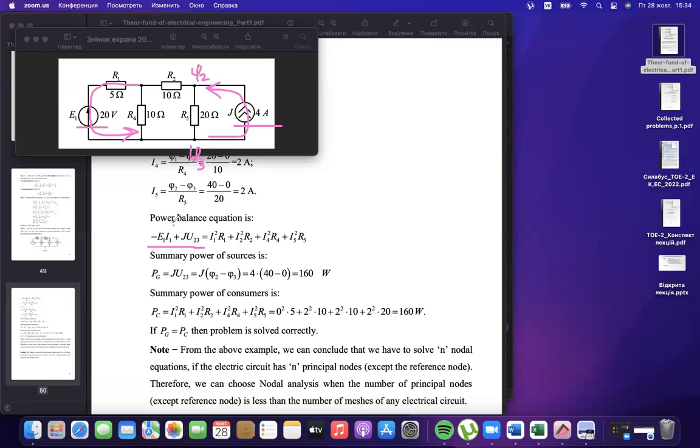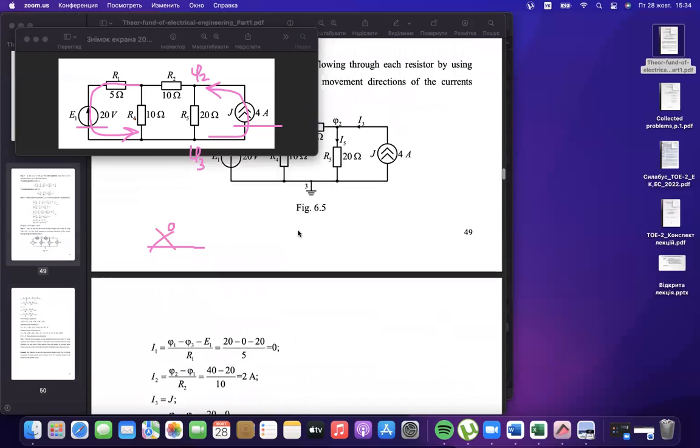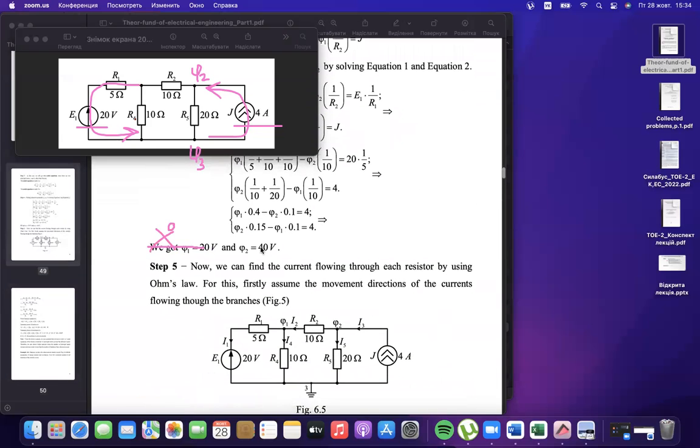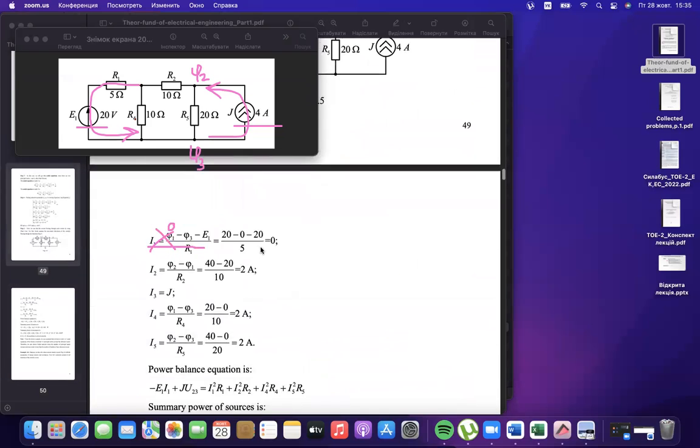For the electromotive force, the current was 0 and the electromotive force 20, that is, power from the first source is 0 because of the current. For the second source, it is 4 amperes on 40 volts.